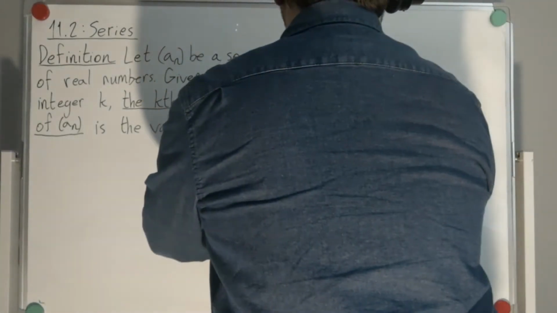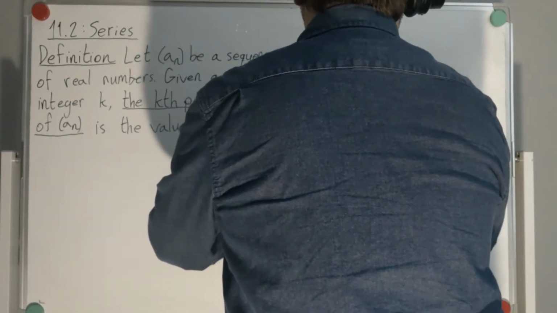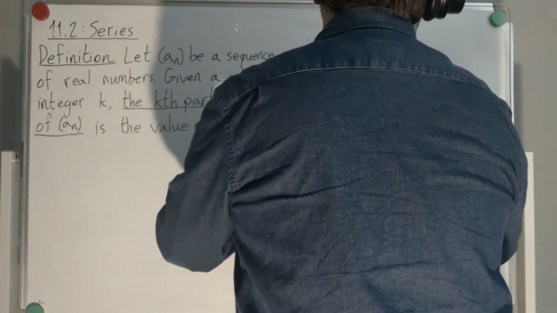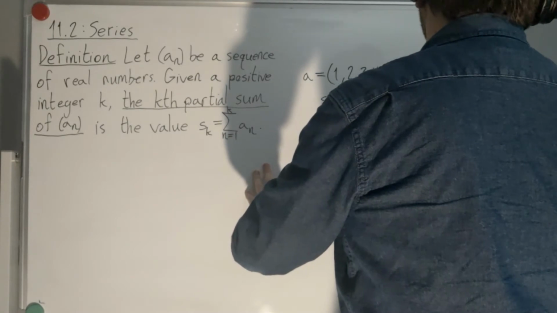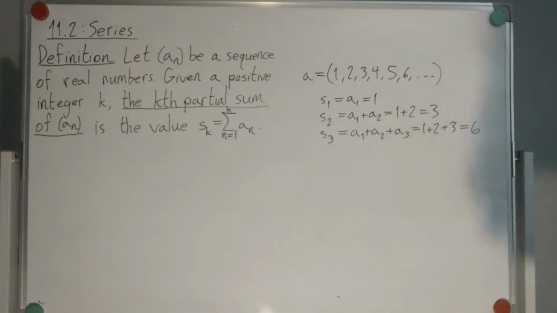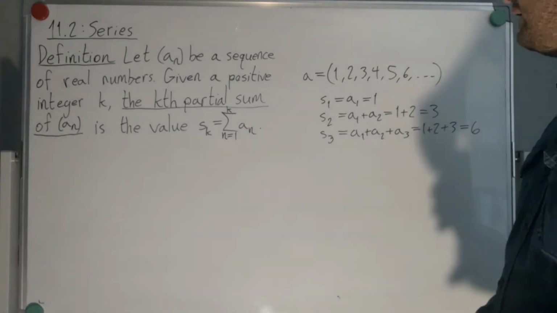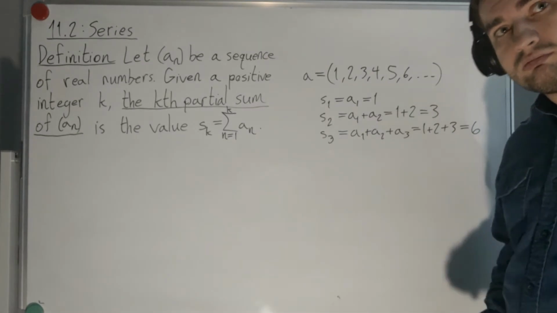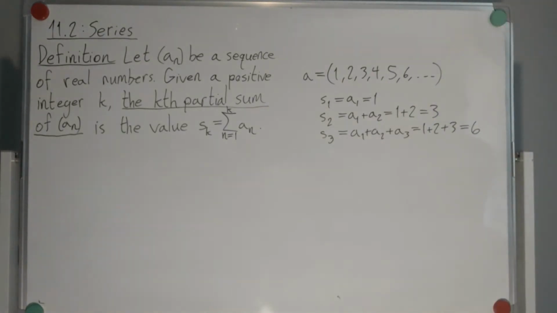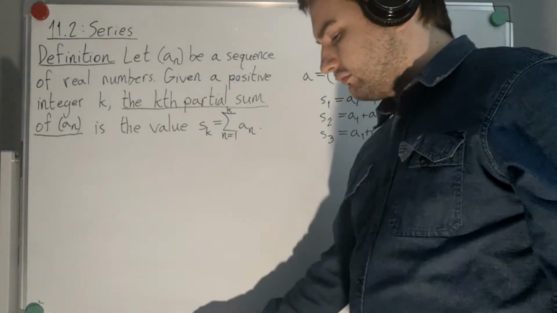The third partial sum, a1 plus a2 plus a3, which is 1 plus 2 plus 3, and that's 6. The fourth partial sum is 10, the fifth partial sum is 15, the sixth partial sum is 21, and so on. Okay? So we're just adding up the first few elements of a sequence, and we're calling that a partial sum. Okay?